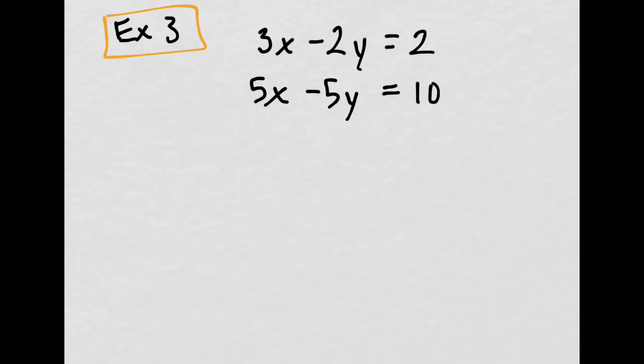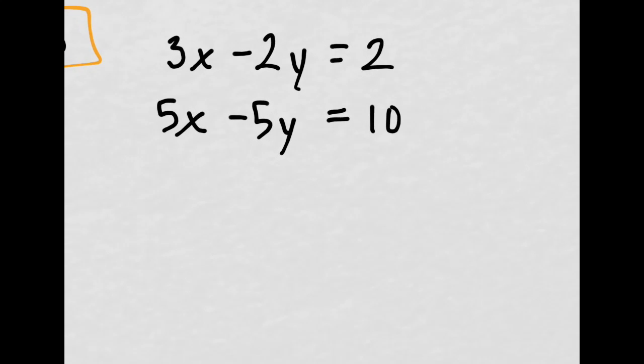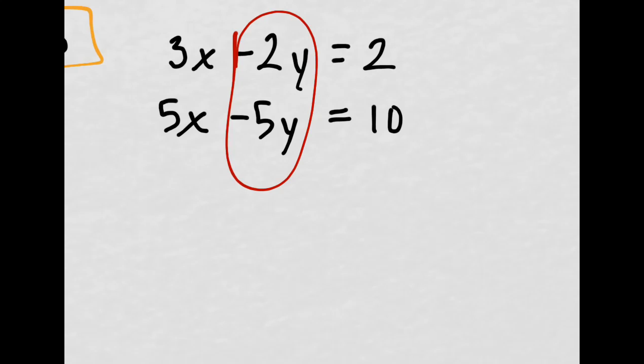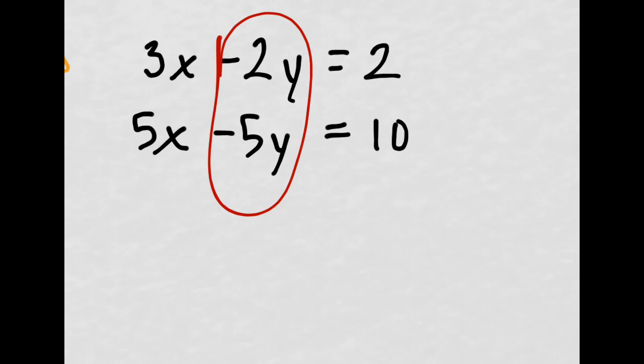And I'm just going to choose the x's to cancel out. I don't know. It doesn't really matter. Actually, I'm going to choose the y's just because they have smaller coefficients. So I'll choose the y's. Now I'm thinking, what's the common multiple between -2 and -5? Well, that's 10, but I want them to be opposite signs. So what times 5 gives me 10?